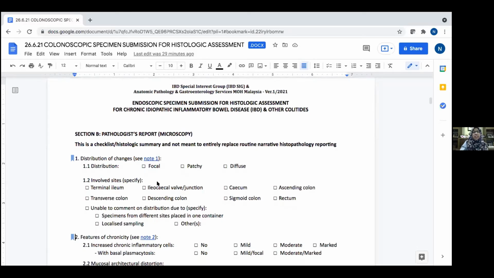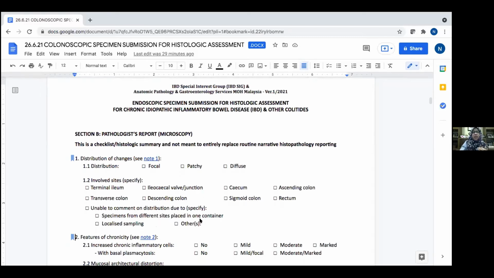Thus, you will see that the things you need to record here are probably not in the order of your thoughts, because when you do your histology assessment, what you notice first is whether there is inflammation, whether there is architectural distortion, but that is a bit afterwards.